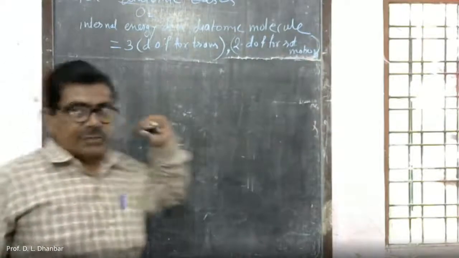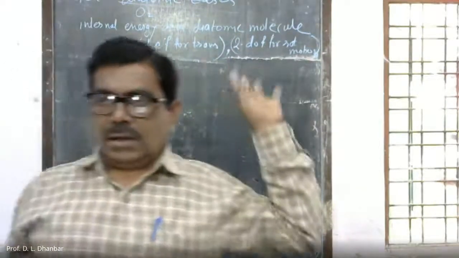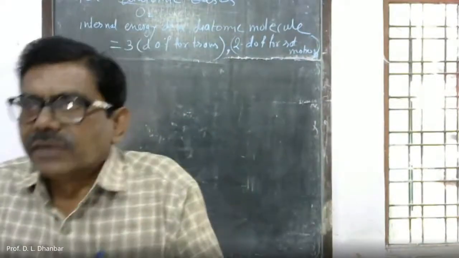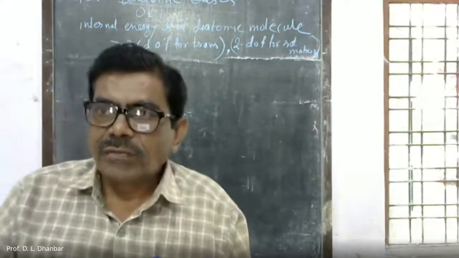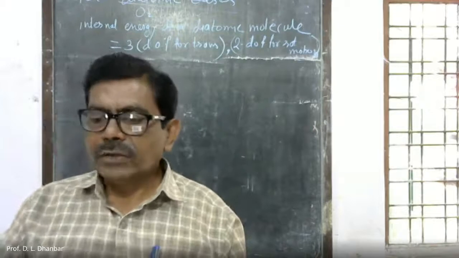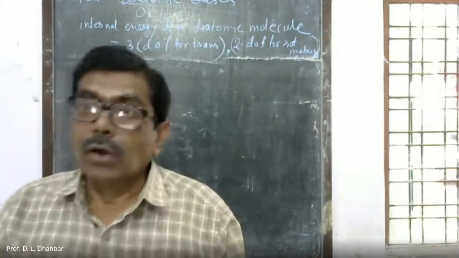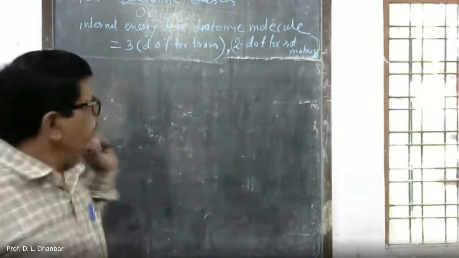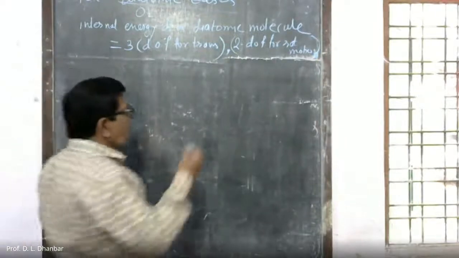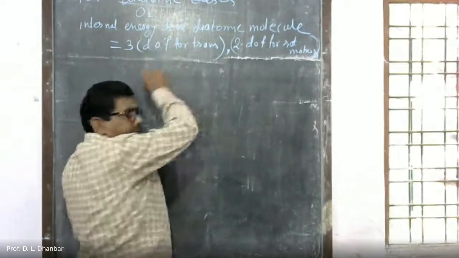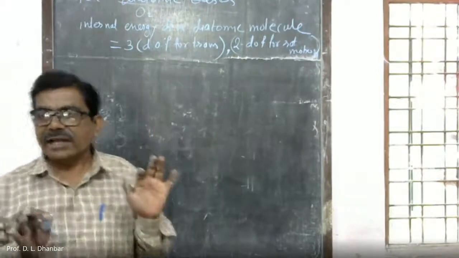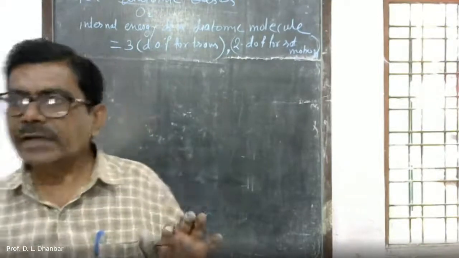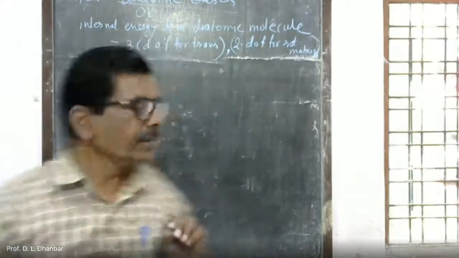So as far as this diatomic molecule is concerned, there are 3 degrees of freedom for translational motion and 2 degrees of freedom for rotational motion. As there are 3 axes, we require 3 coordinates to locate the position of a molecule.